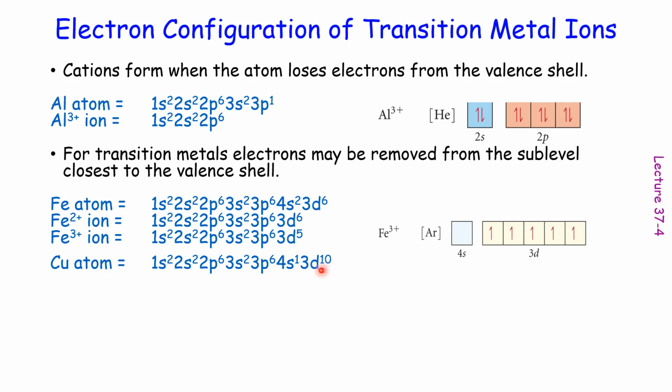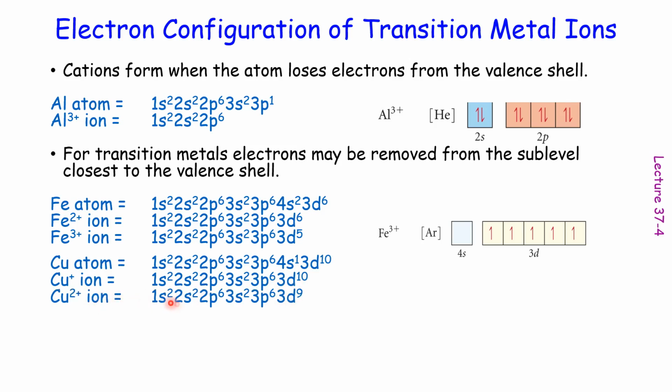But here, the 3d orbitals are fully filled, so it's more stable. And now you have the copper 1+ ion electron configuration, still 10 3d electrons. Copper 2+, however, there are no s electrons available. The system has to lose 1 of the d electrons.